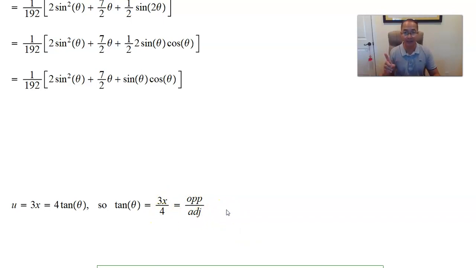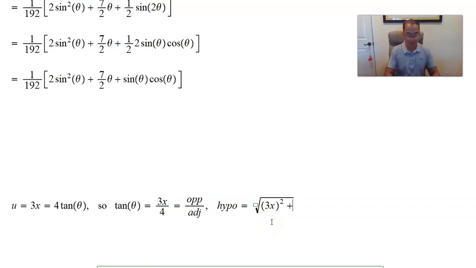I'm not going to hop back to Paint. I'm going to let you do that. So instead, we'll do the Pythagorean theorem here. We already have opposite and adjacent. We're just missing the hypotenuse. Hypotenuse is the square root of opposite squared plus adjacent squared. 3x quantity squared plus 4 squared.